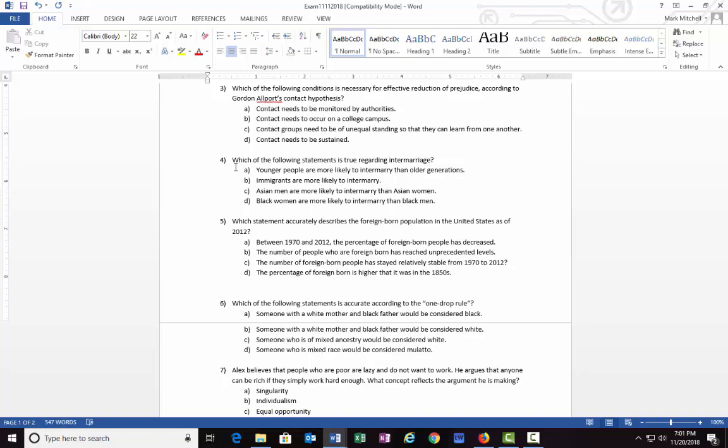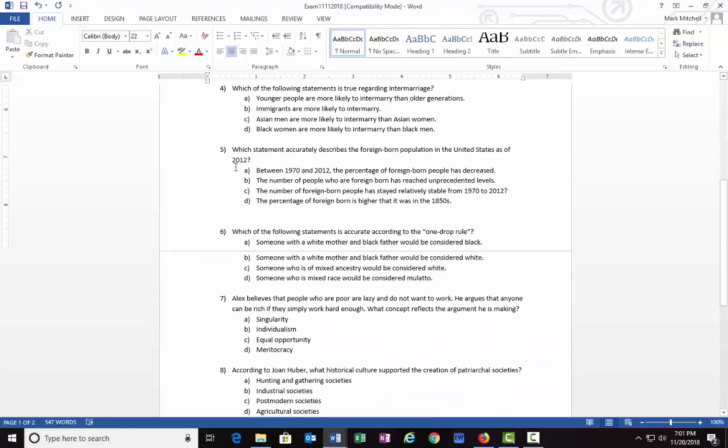But there's lots of graphs and charts in there, always in the chapters. But definitely, if you've read, you will recognize that A is your correct answer. Younger people are more likely to intermarry than older generations. Or you might be just a good guesser and able to get it that way.